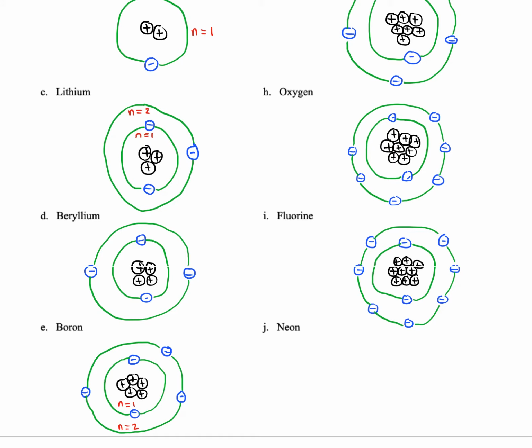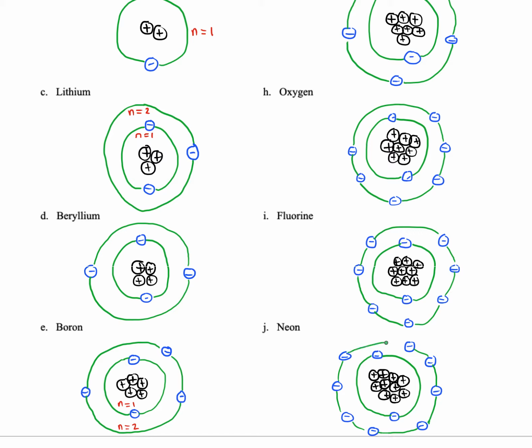And so neon will actually have all 8, as we'll see here. 10 protons in the nucleus for neon. Two electrons in the inner shell. 8 electrons in its outer shell. And we would call that just a complete outer shell.